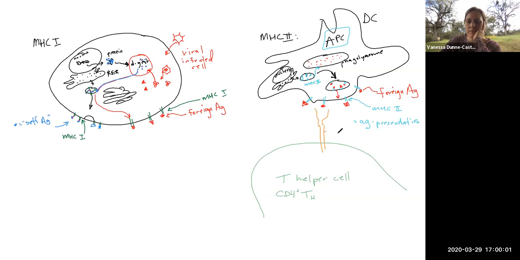And this is the variable region, which is antigen binding. So if this is a perfect match where the peptide fragment that's being presented by that MHC class II is a perfect match with that variable region, this will cause receptor engagement.